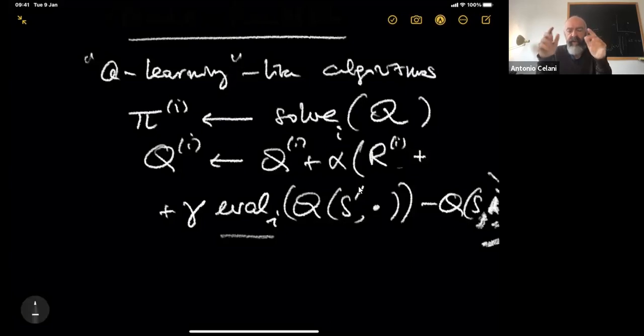Okay, so I understand that not everything could be crystal clear, but the point here is to say that when you play games, this operation of knowing what happens at the next step depends crucially on the structure of the game. And therefore, the straightforward extension of Q learning just by taking maxima does not work in general. But you have to pay particular attention to what these algorithms can do.